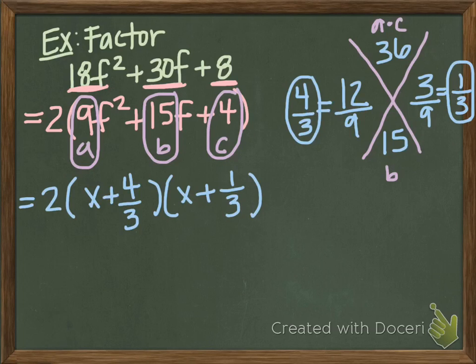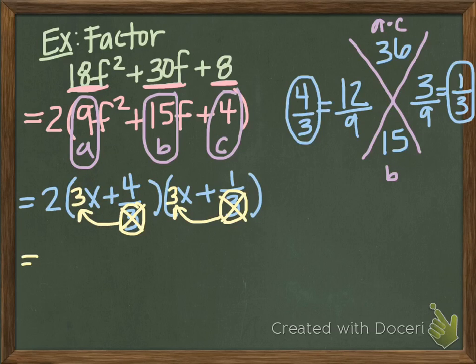Step 7. So this is new. If there's a fraction, we have two fractions. We are going to take the denominator from each fraction and move them to the front. So I'm going to take this 3 and move it in front of the x. I'm going to take this 3 and also move it in front of the x.